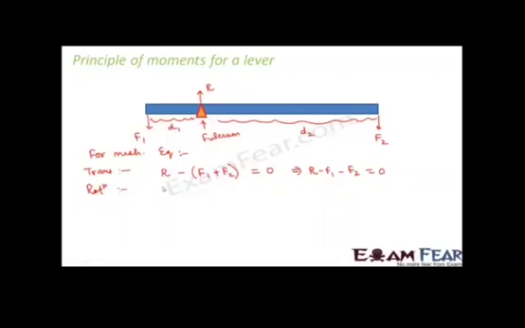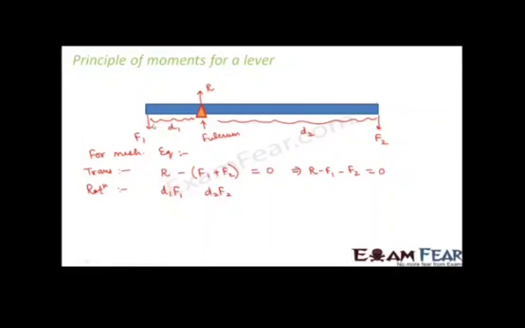Also it is in rotational equilibrium. That means the net torque is equal to 0. Now what is torque? Torque is given by R cross F, where R is the position from the origin. Here the fulcrum is considered as the origin. The torque on one end is D1 F1 and the torque on the other side is D2 F2. The direction of torque is R cross F. If you curl your fingers in this direction, your thumb points towards yourself.